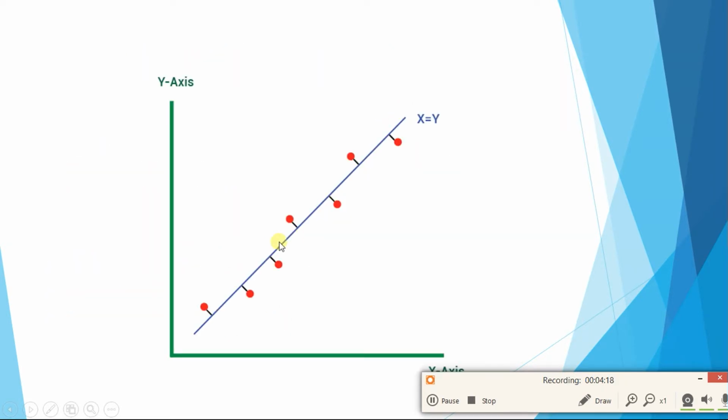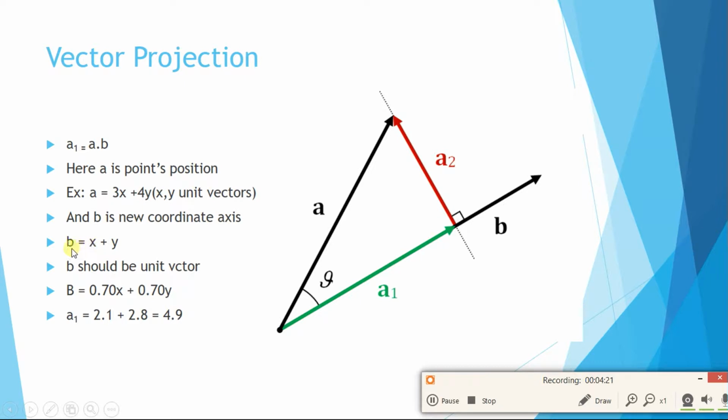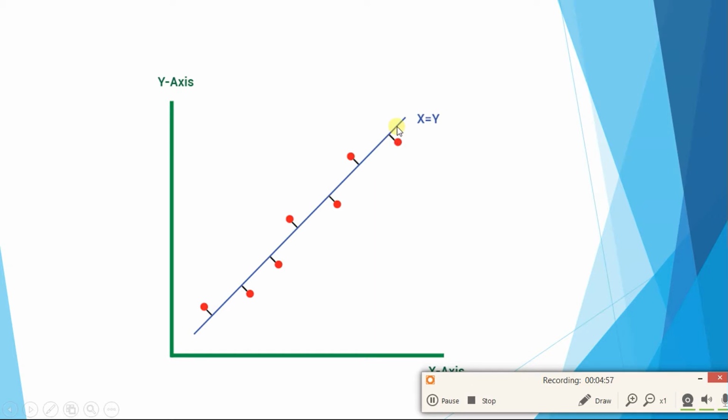In our case b is this line, x equals y, because x and y increase in the same order. b should be a unit vector, so we divide by its magnitude √2, and then b will be 0.70x plus 0.70y. We can now find a1 by multiplying these, and because x and y are unit vectors, the cross terms cancel. 3 into 0.70 is 2.1, 4 into 0.70 is 2.8, so 4.9. So we have found the position of this point in reference to this line. This is a1. We are going to find the positions of each point in reference to this line, and store these values.